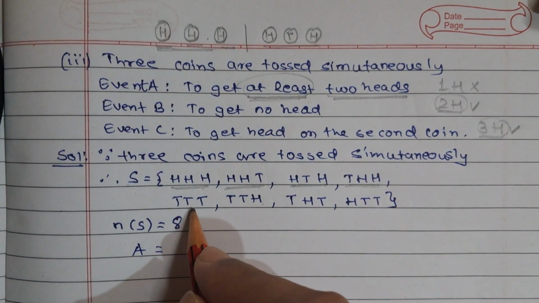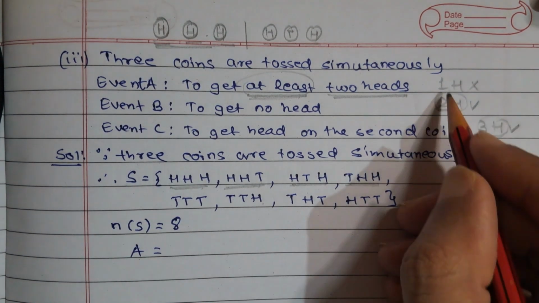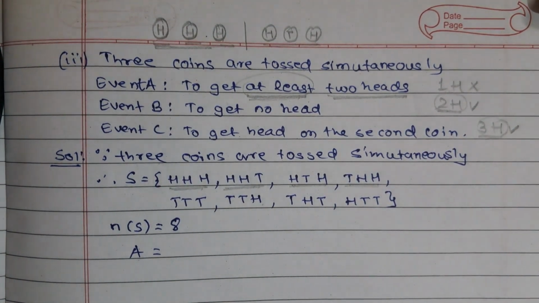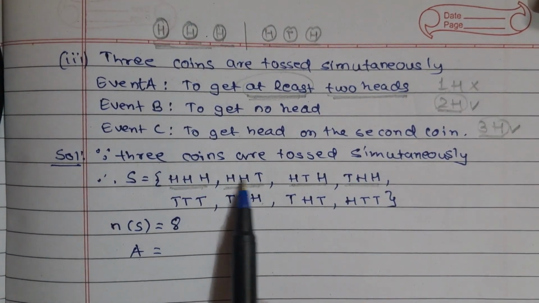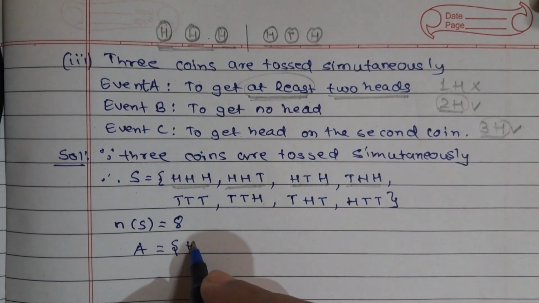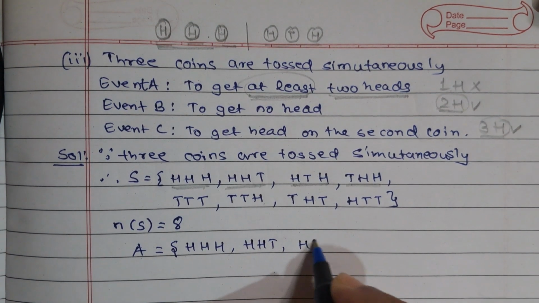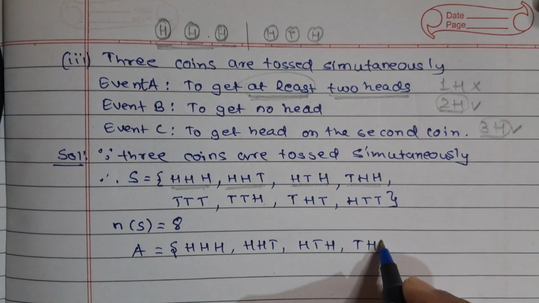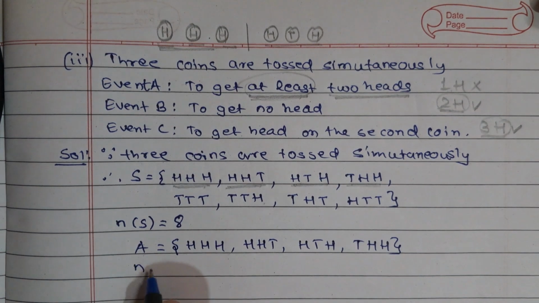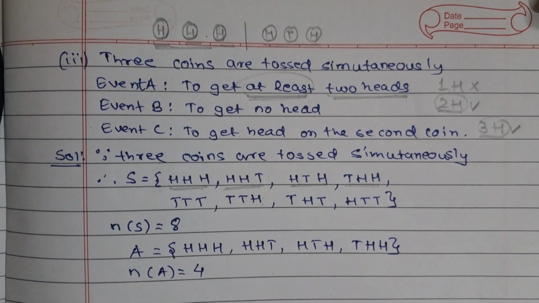Here there is just one head, just one head, just one head. One head is not possible, right? So we will have only these values where there are 2 or more heads. I will list down HHH, HHT, HTH, and finally THH. So how many elements do we have over here? We have 4 elements, isn't it?